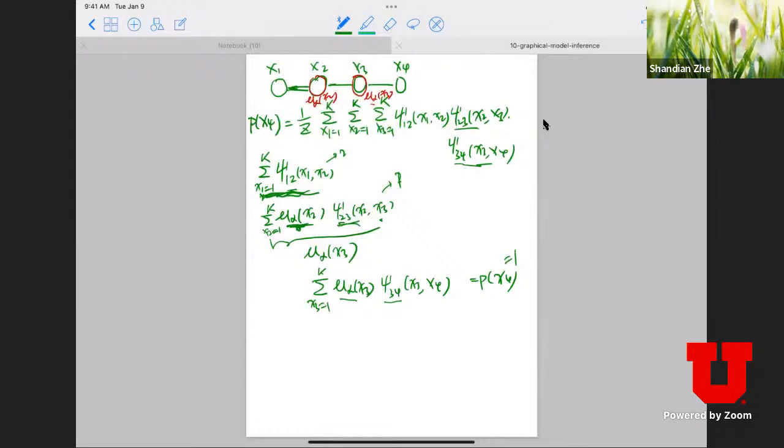However, when you calculate the marginal probability of x4 equals 2, of course now this whole psi 3 function value is changed. But for this part, you don't need to recalculate anything. You just read out the cached result here, right?